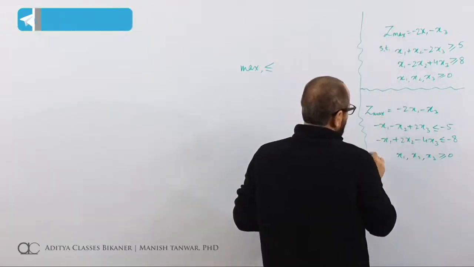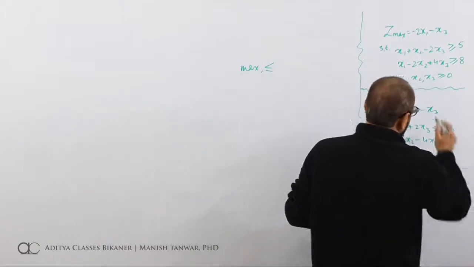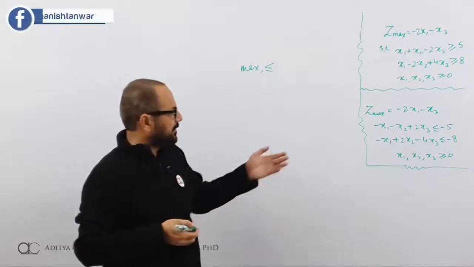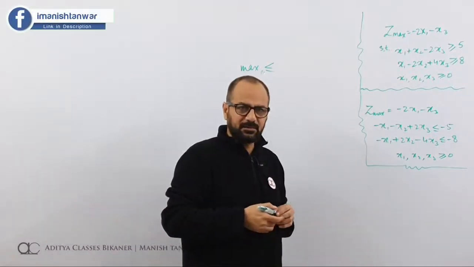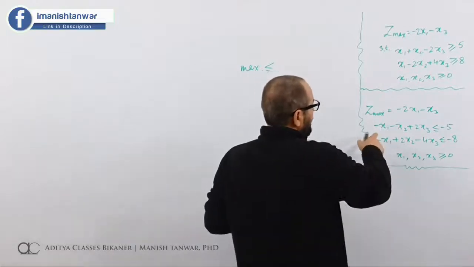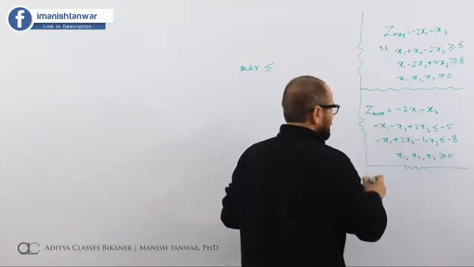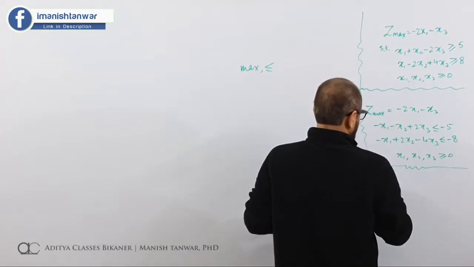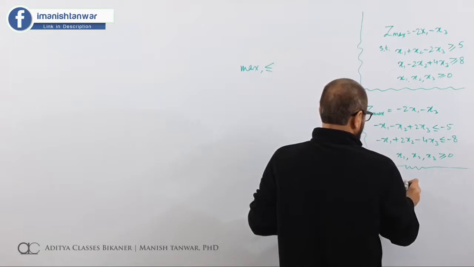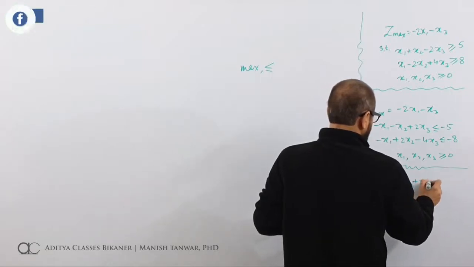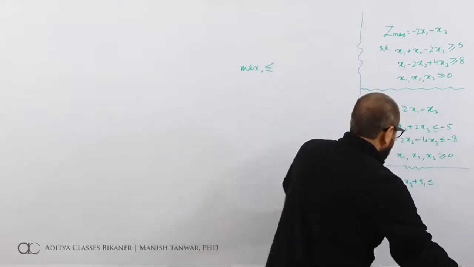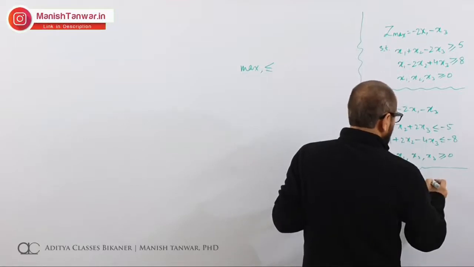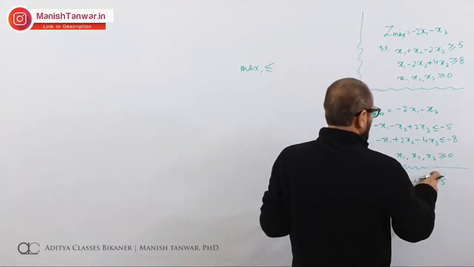So I have changed my formulation a little bit. I have prepared my formulation for my dual simplex method. Now let me go ahead and solve it in the routine way. These are less-than constraints, so I will be adding slack variables. So it becomes minus x1 minus x2 plus 2x3 plus s1 is equal to minus 5. This side was less than, so I add a slack.